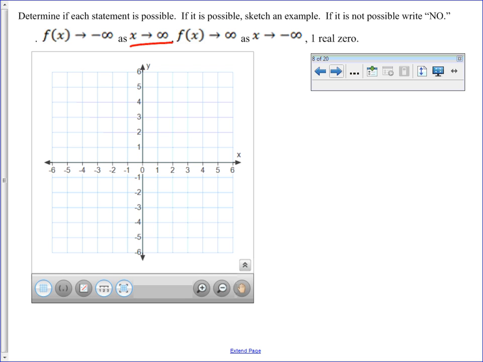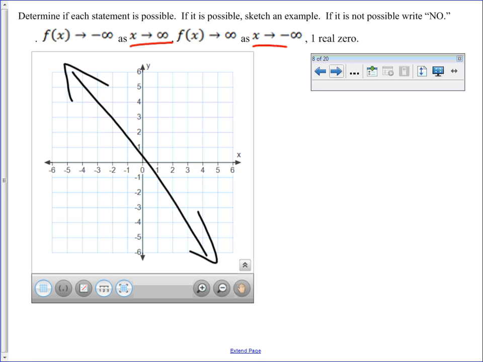As x approaches infinity, as we go this way, the function goes down. As x approaches negative infinity, the function goes up. I'm allowed 1 real zero. Well, this is a trick one. This is easy. There we go.